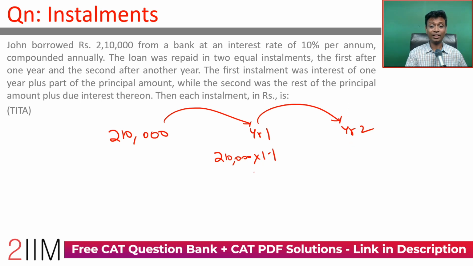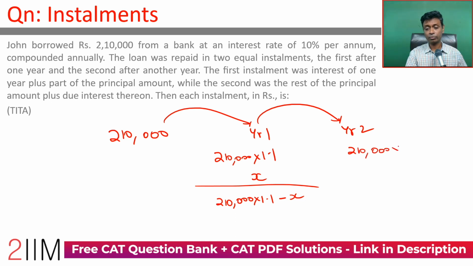But what do we do? We end up paying X. We repay X. What is this? So what is remaining is 210,000 into 1.1 minus X. Now this amount accrues an interest over the second year. So at the end of year 2, we'll have to repay 210,000 into 1.1 minus X into 1.1. This number we're being told is equal to X because we're paying in 2 equal installments.